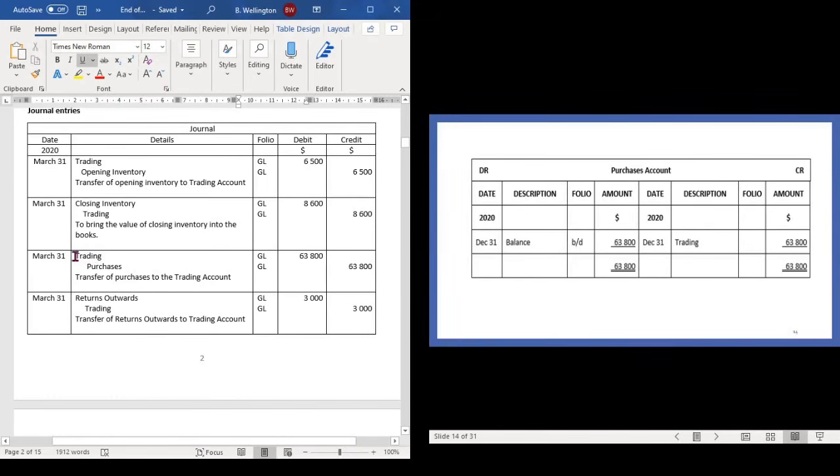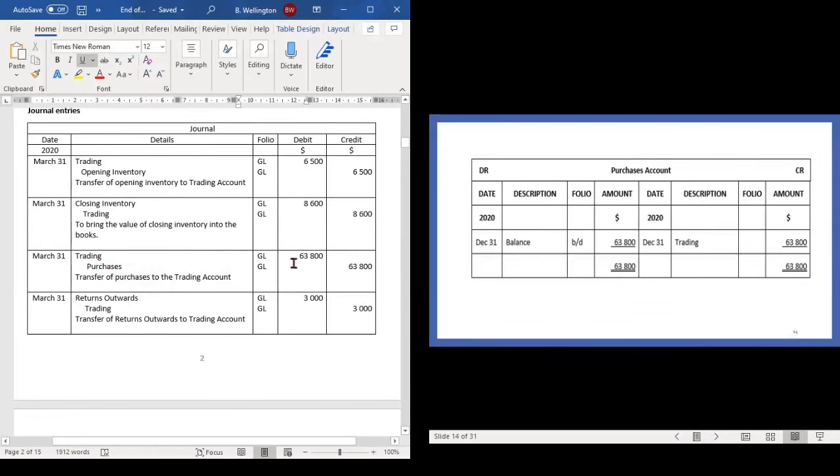Purchases. It said that we're going to debit the trading account and credit the purchases account. Remember that your purchases account would have had a debit balance on it. Okay, so in order for you to transfer what is on the purchases, you would have to make a credit entry. And that is what the journal entry told us to do.